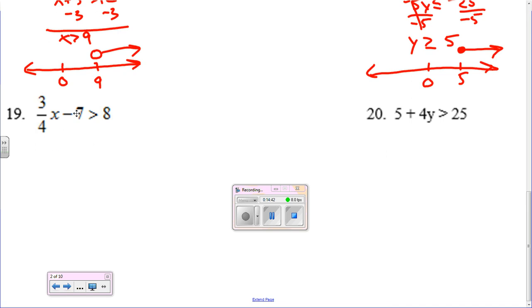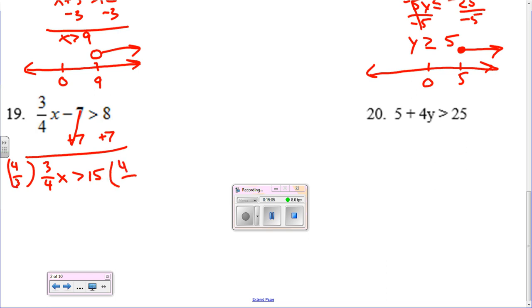Last two. Start by adding 7 to both sides. It gives you 3/4 x is greater than 15. Now in order to get x by itself, you multiply by the reciprocal, which is 4 over 3. Now you're going to notice I'm not going to pause this one. 15 times 4.